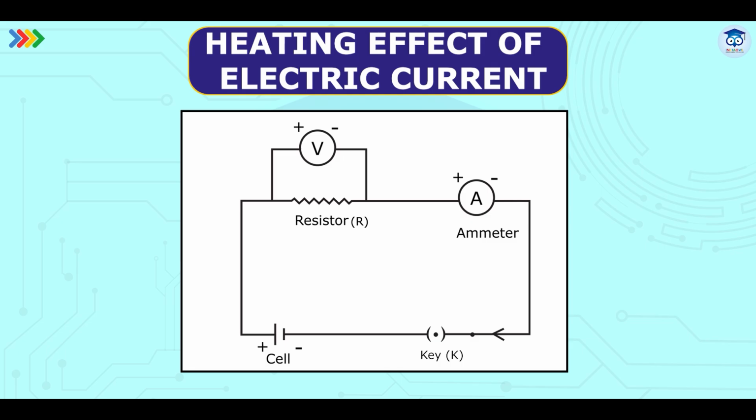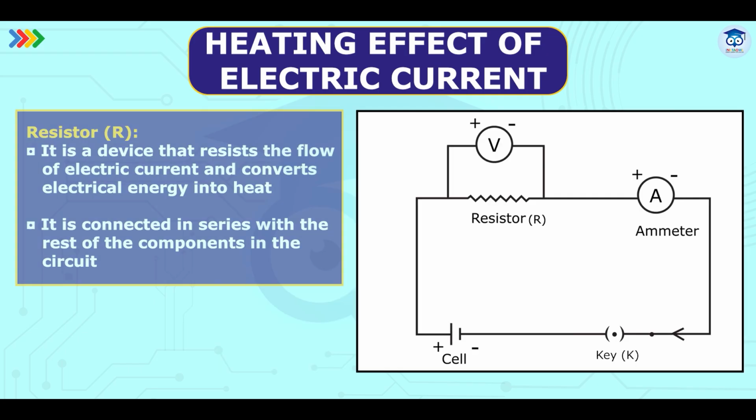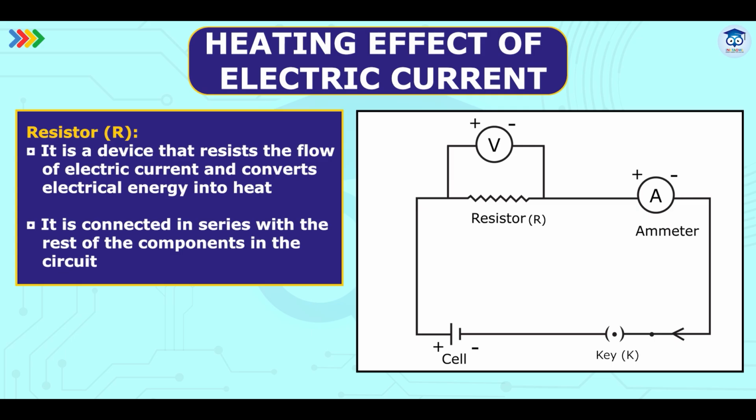This basic yet informative setup illustrates the role of each circuit component and how they work together to demonstrate the heating effect of electric current. In the given diagram, the central element is a resistor, that is R, which resists the flow of electric current and converts electrical energy into heat.